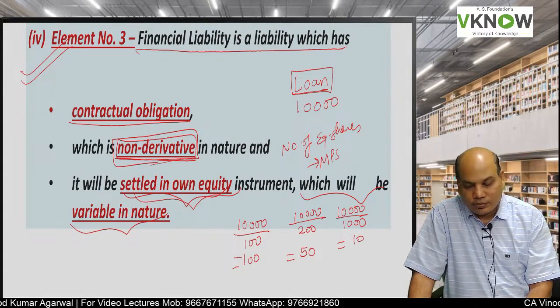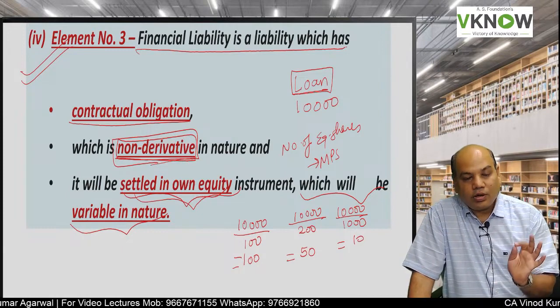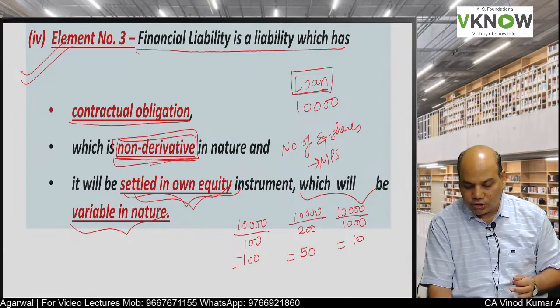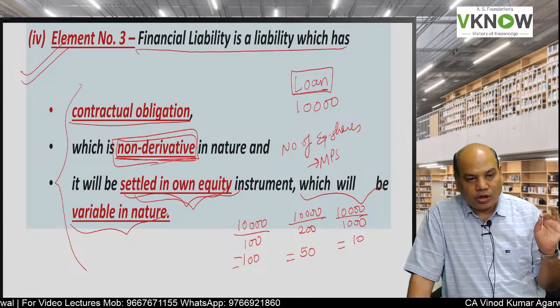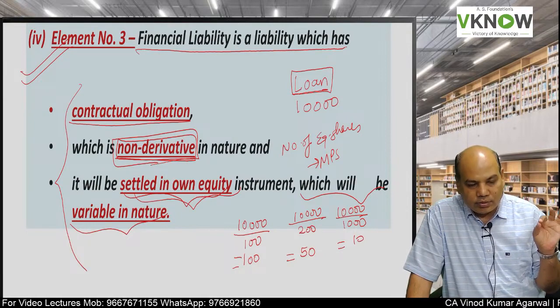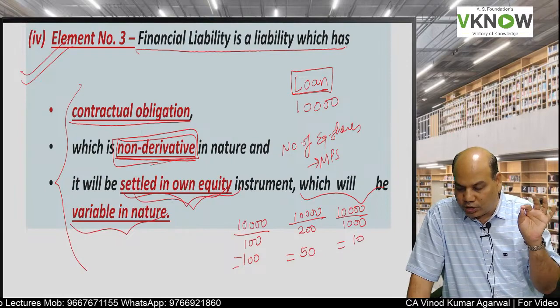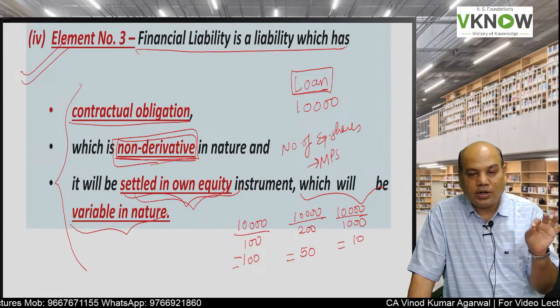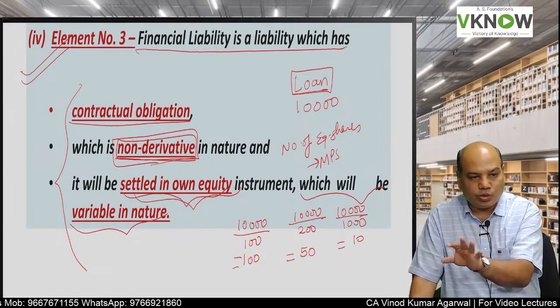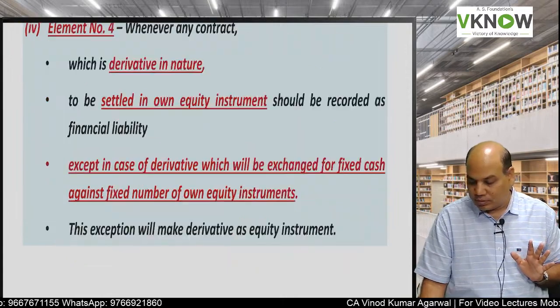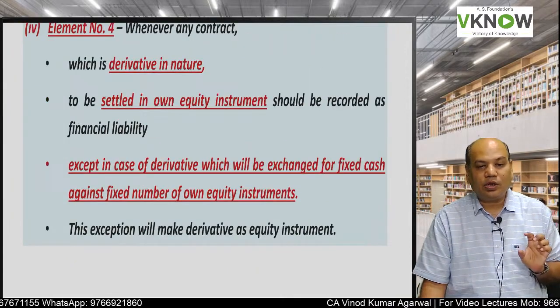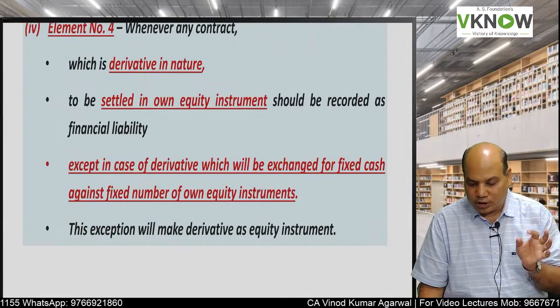So in that case, we will call it a financial liability. So the summary of this is a non-derivative contract where the settlement will be based on own equity instrument and the number of equity instruments to be used will vary. Then in that case it will be a financial liability.